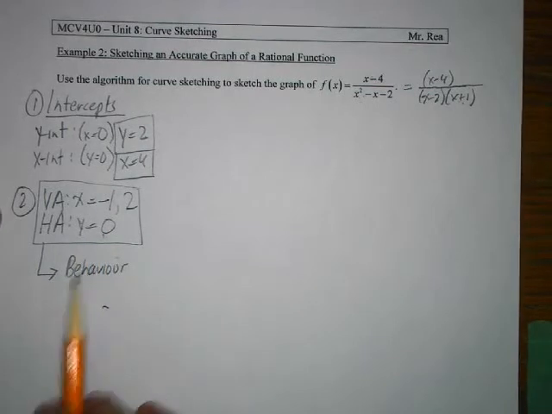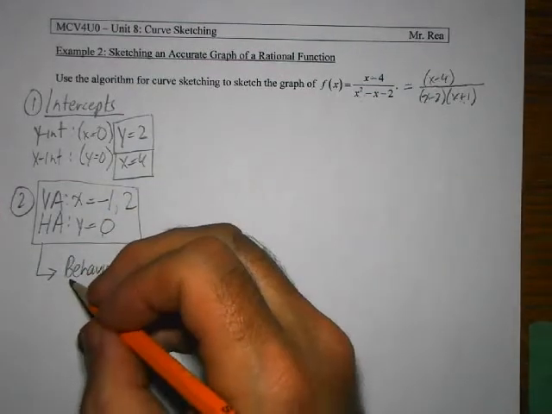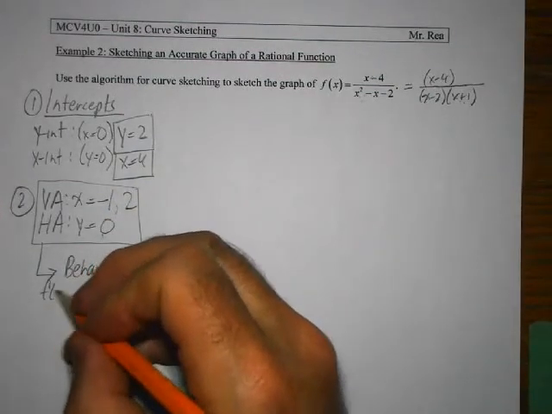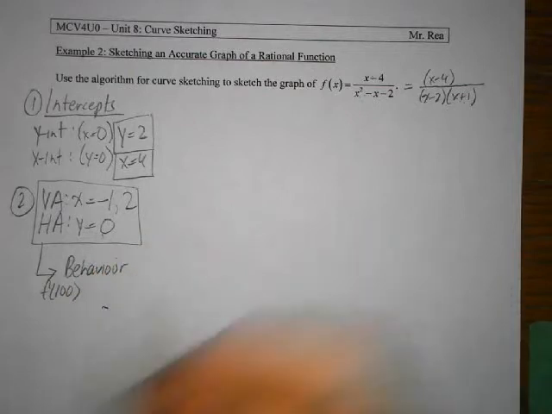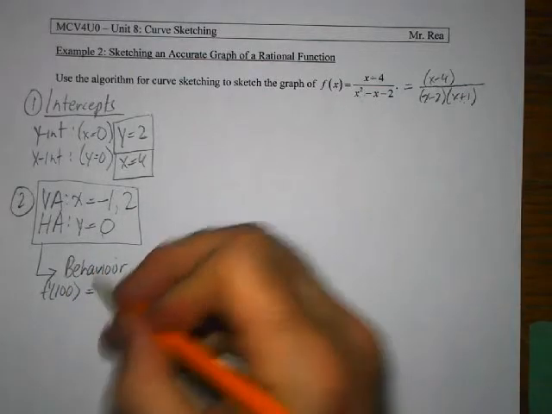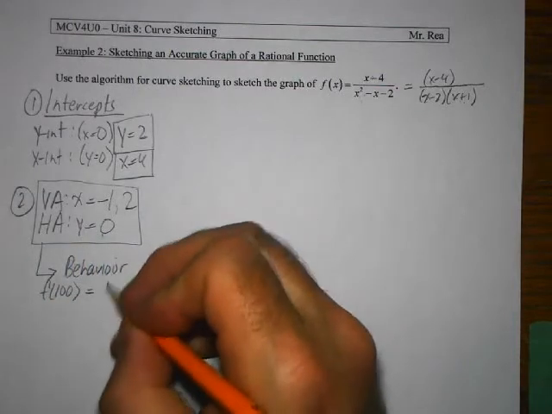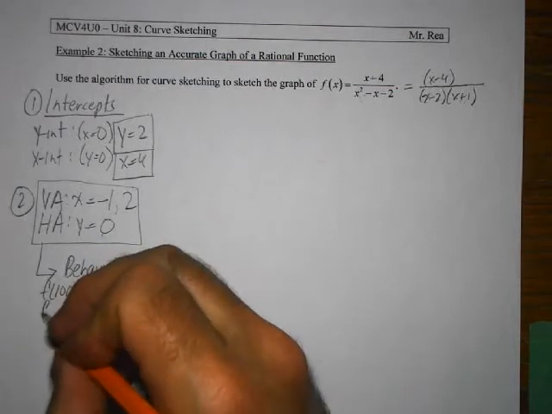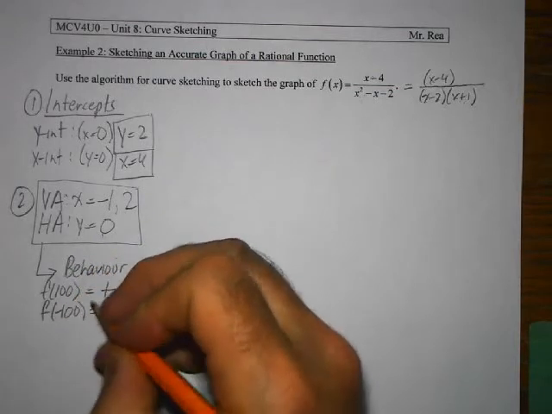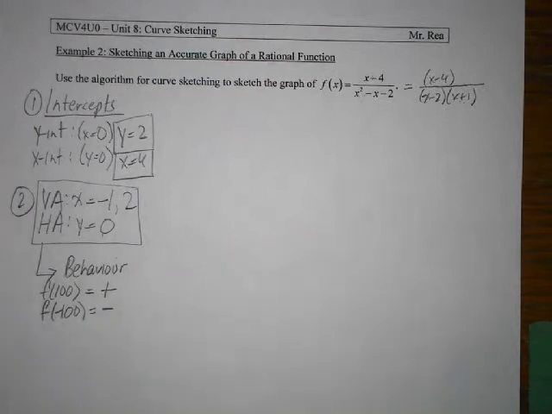There's a variety of ways of doing this. The way I discussed earlier, we just plug in 100 and negative 100, and in this case, since it's y equals 0, we can just find the sign. So f of 100 is positive, f of negative 100 is negative. That basically means as x approaches positive infinity, y approaches 0 from above. As x approaches negative infinity, y approaches 0 from below.